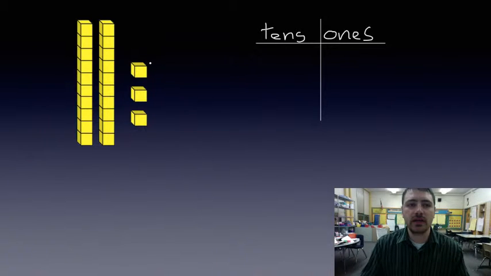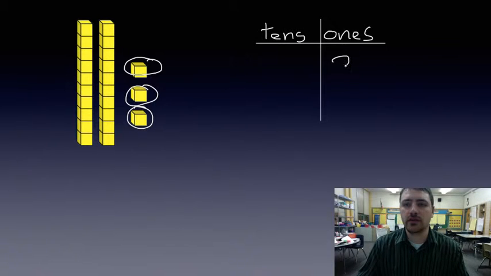And as you can see right here, we're going to just write the number of blocks in each spot. So for this one we have 1, 2, 3 ones. So we'll write a 3 right here. And if we count our tens, we can see that we have 2 tens blocks. We know they're tens blocks because they have 10 blocks in each part. 1, 2, 3, 4, 5, 6, 7, 8, 9, 10.